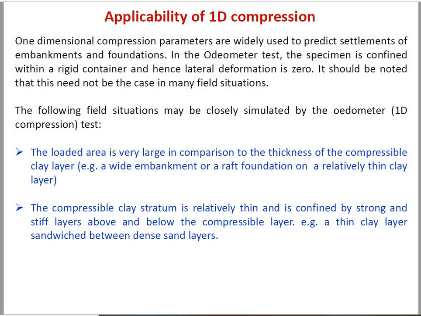That is why you are providing the confinement using that ring. Due to that very rigid ring, there won't be any lateral deformation. But actually in the field, if you take a small specimen, despite the confinement, there will be some lateral deformation.